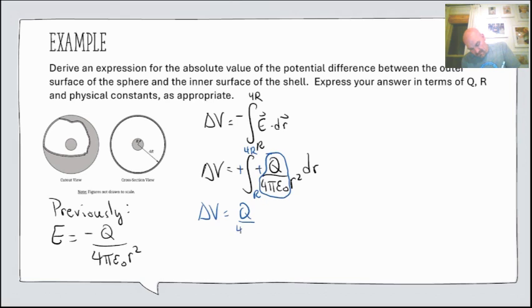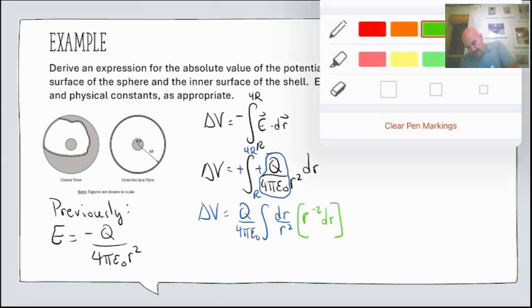So I get Q over 4 pi epsilon naught times the integral of dr over R squared. I would recommend rewriting this as R to the negative 2 dr, because then you can easily see that this is now a power rule problem.